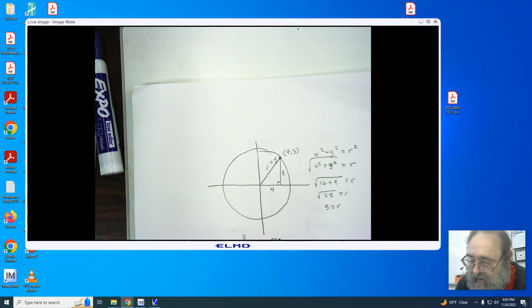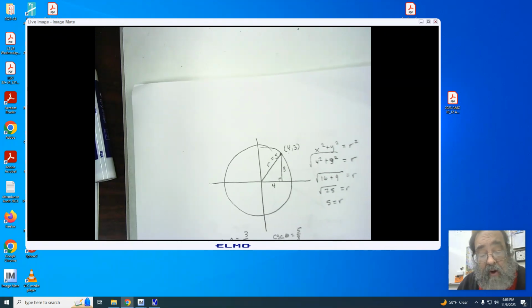The cosecant is 5/3. The secant, the reciprocal of the cosine, is 5/4. The cotangent of this has to be 4/3. This is also triangular trigonometry, where we're using a triangle in order to find our six trigonometric values.